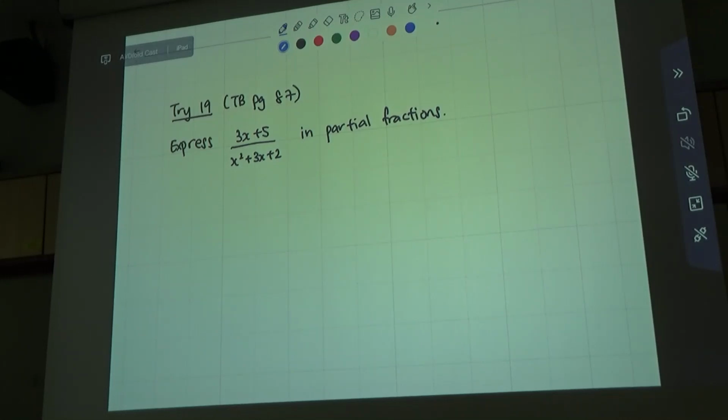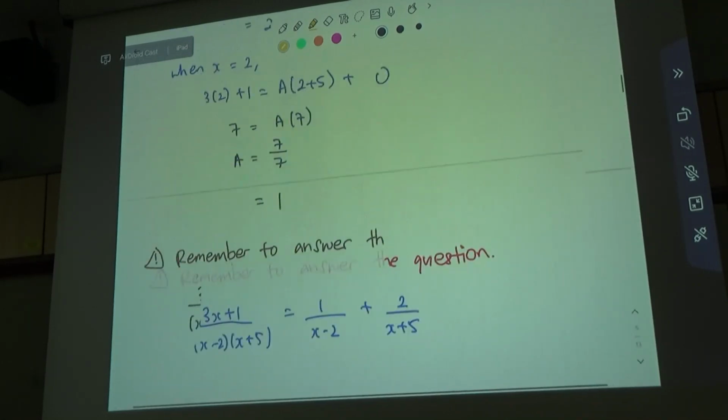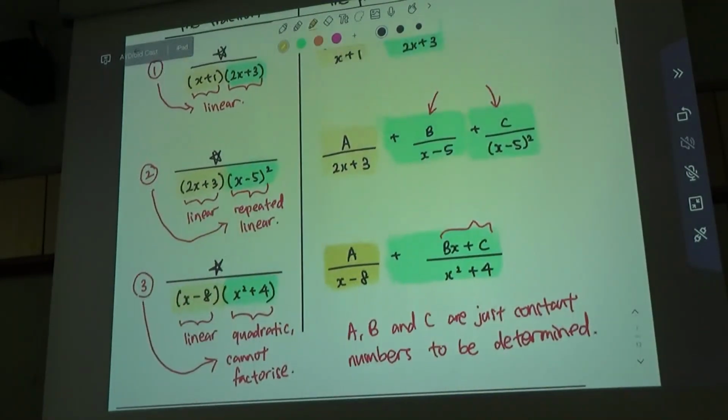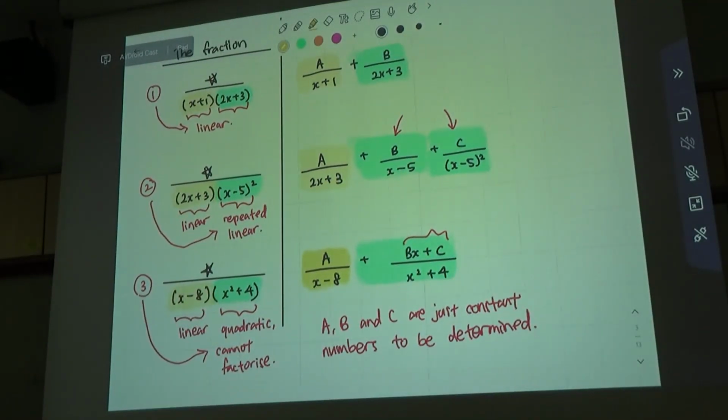The problem here is our denominator. It's quadratic, right? But does it fit into the mold that I gave you all just now? If I were to scroll up, remember this thing about type 3?